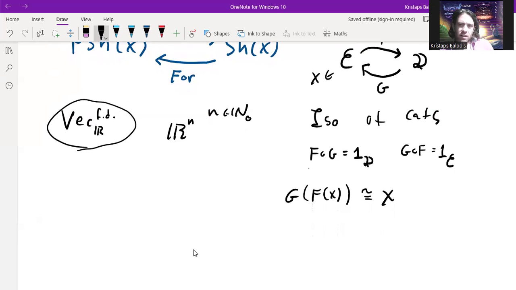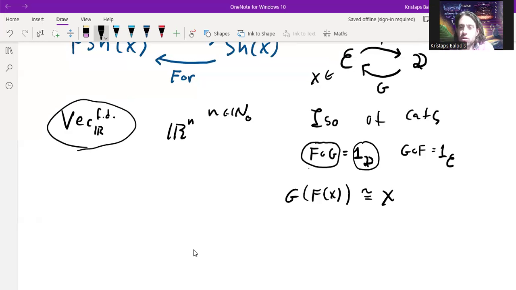But that's not maybe quite enough, though, right? Because what I really have here is a functor, and this is a functor, right? So I could have equalities of functors, but remember, we have another way of comparing functors, and that is the idea of a natural transformation, right?